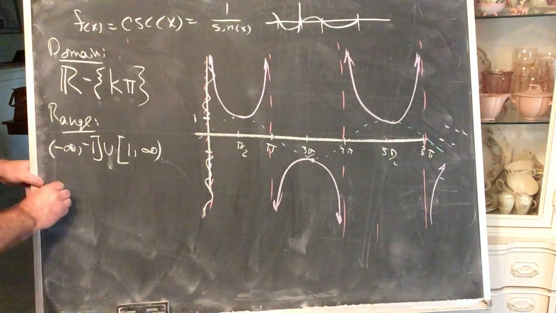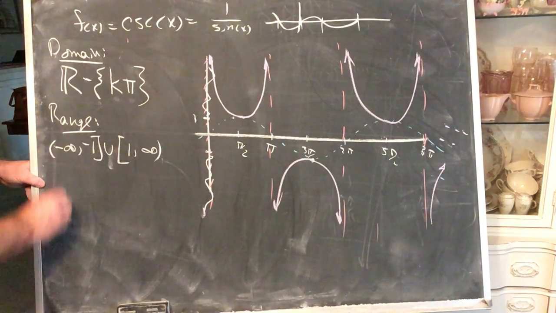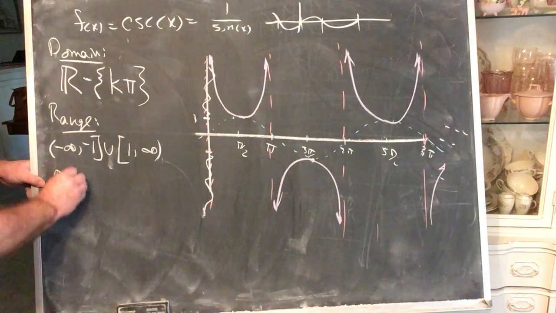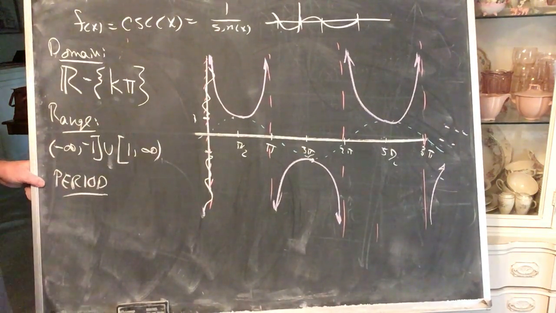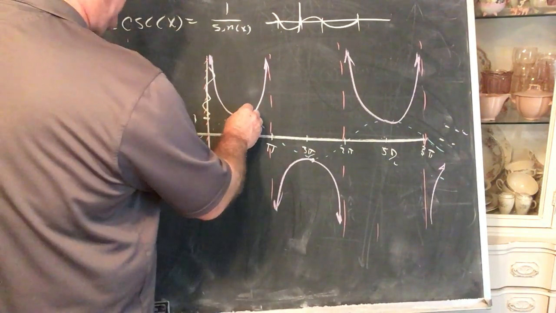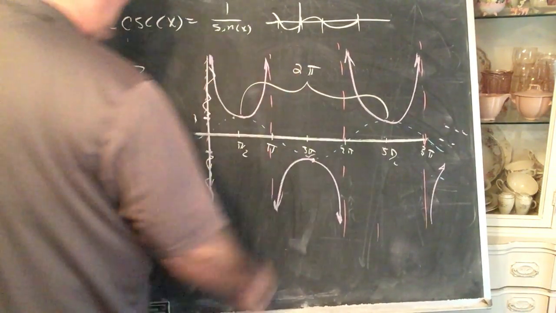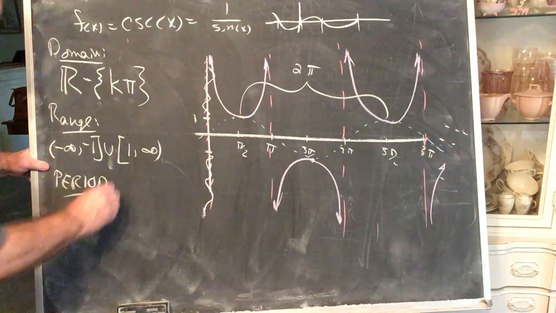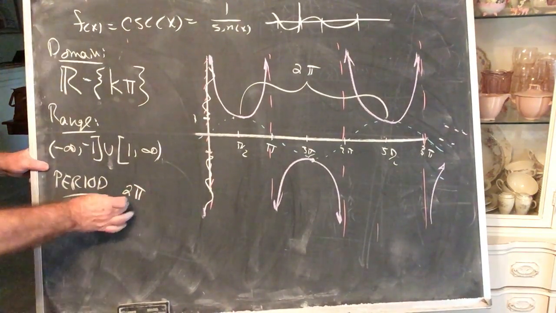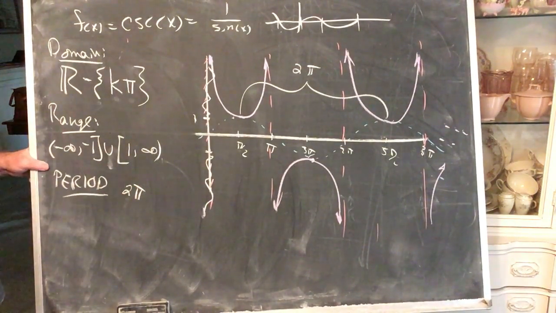Domain, range. What's next? The period. The period is the distance required for the curve to repeat itself. That distance is 2 pi, the minimum distance required. It inherits that property from sine.